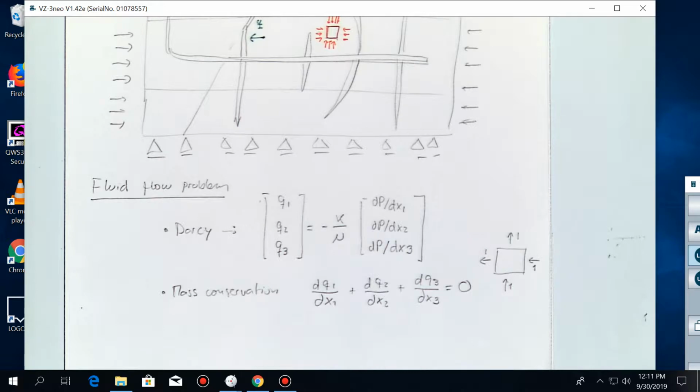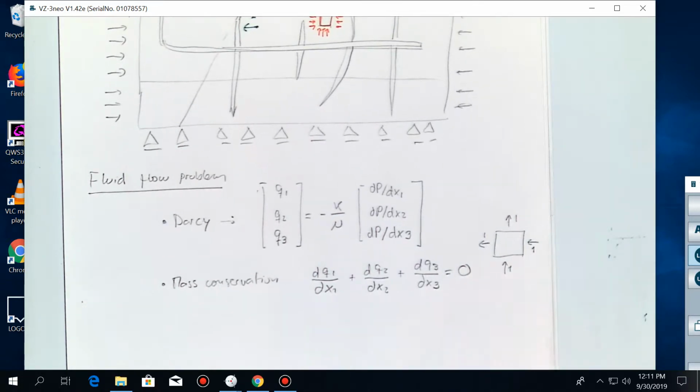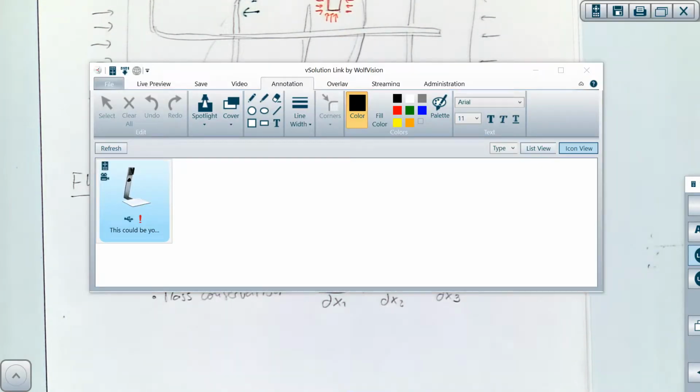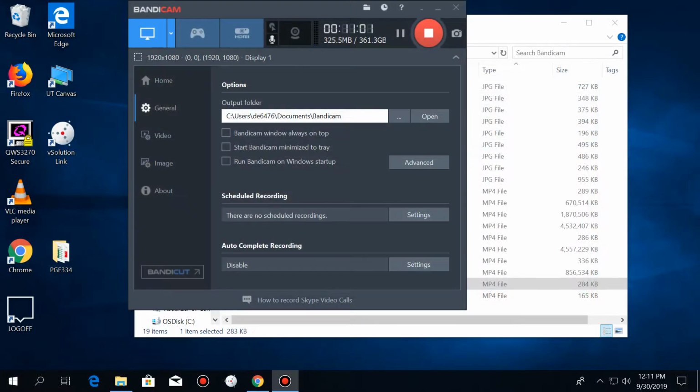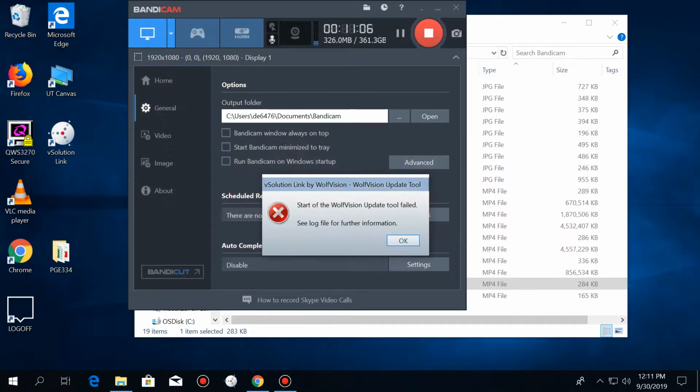Oh, because I'm assuming steady state conditions, because I want to make this equation real simple. Under steady state conditions, we don't consider time, and we just equal all of that to 0.